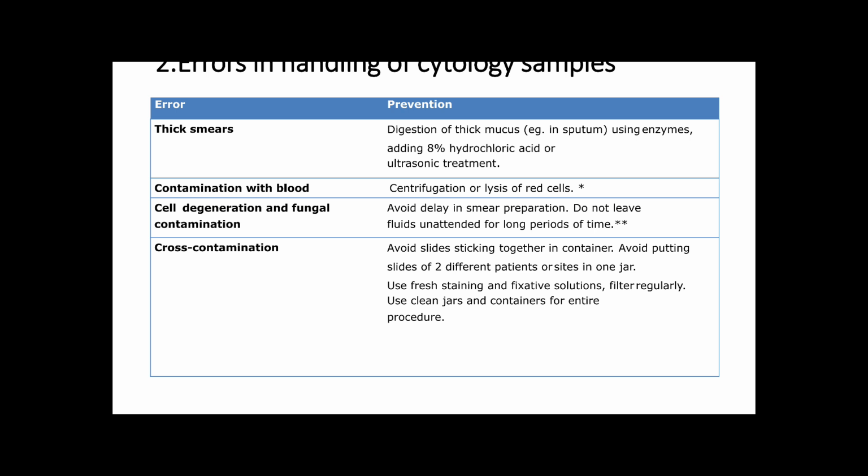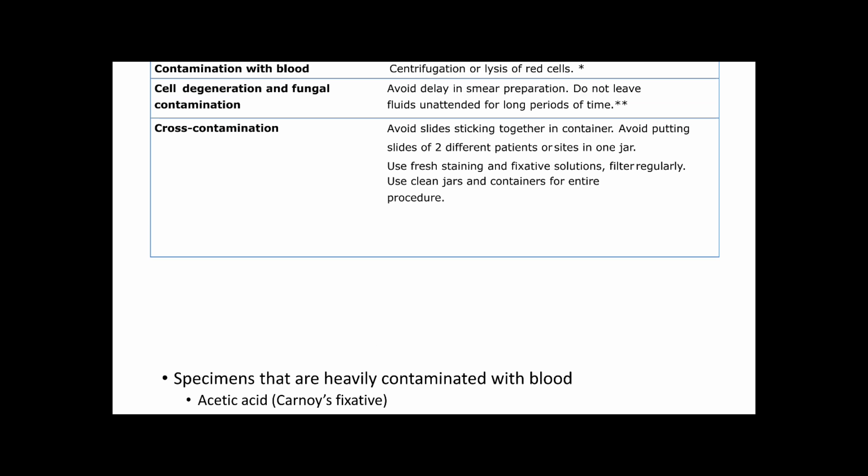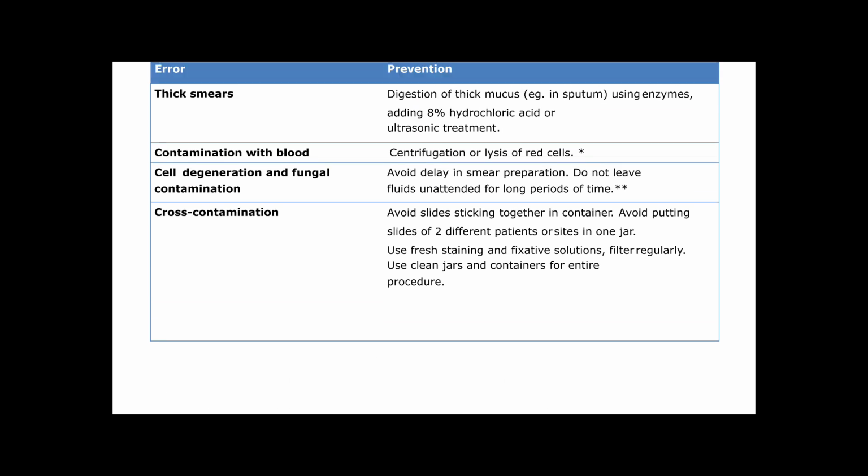So, in the case of centrifugation or the lysis of the red cells, due to contamination with blood, specimens that are heavily contaminated with blood are difficult to report, as the diagnostic material on the slide will be obscured by the blood, right?